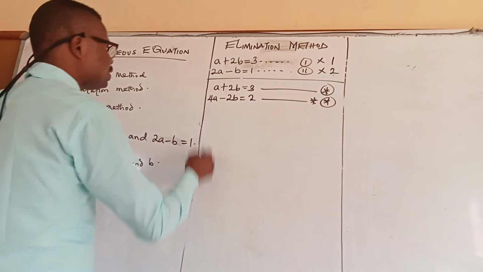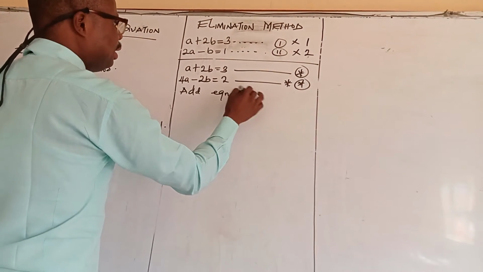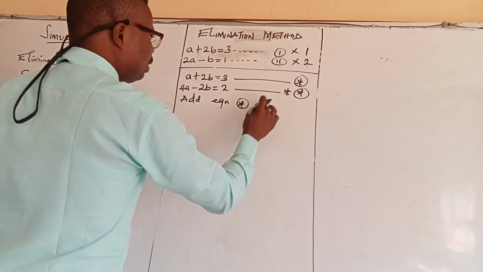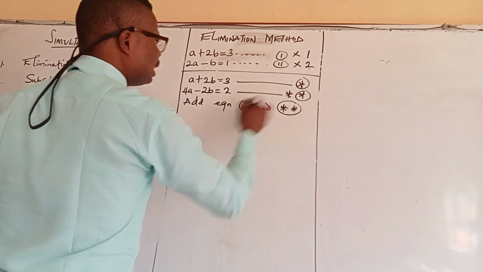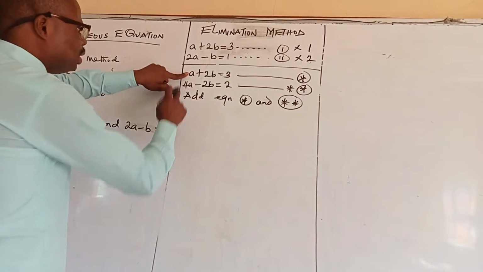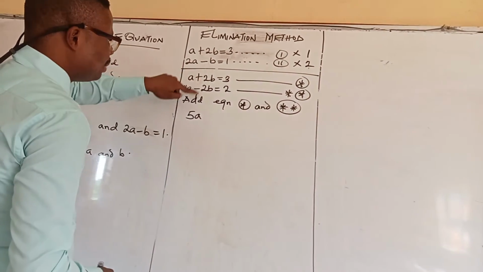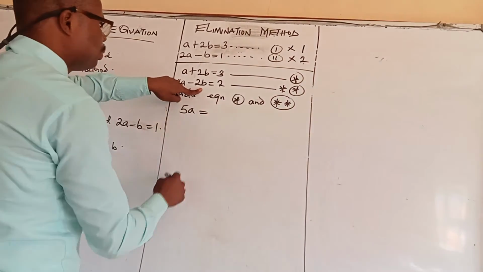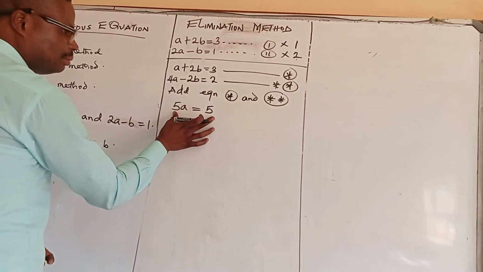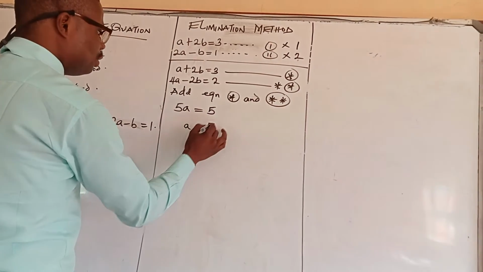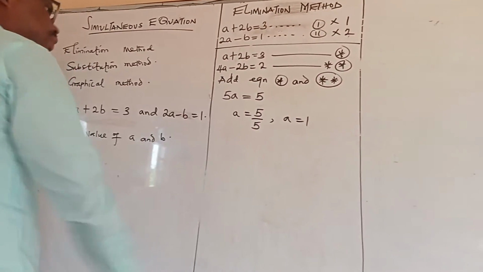So A plus 4A gives 5A. Then 2B plus minus 2B is 0, equals 3 plus 2, which is 5. So here B is eliminated. Then A is 5 over 5, so A is 1. We have obtained the value of A to be 1.